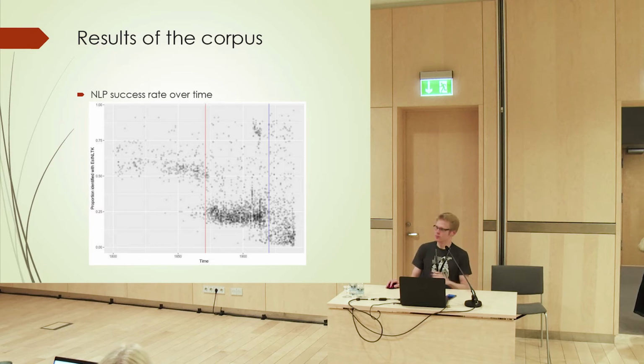And this automatic tool cannot figure out around 60% of the words at the time, but in the new spelling it can already figure out 20% of the words. So you can see this transition just from this very basic tool.